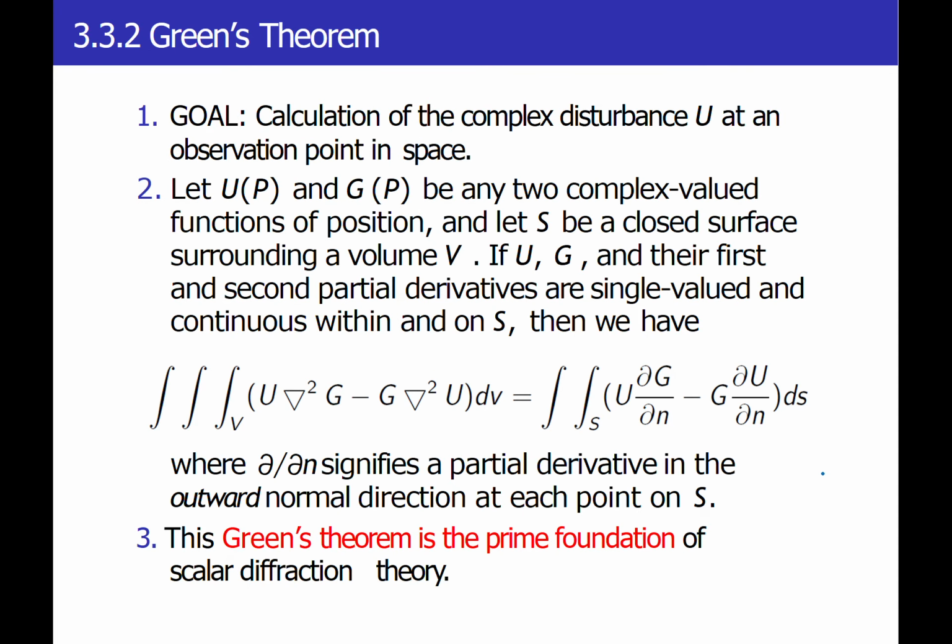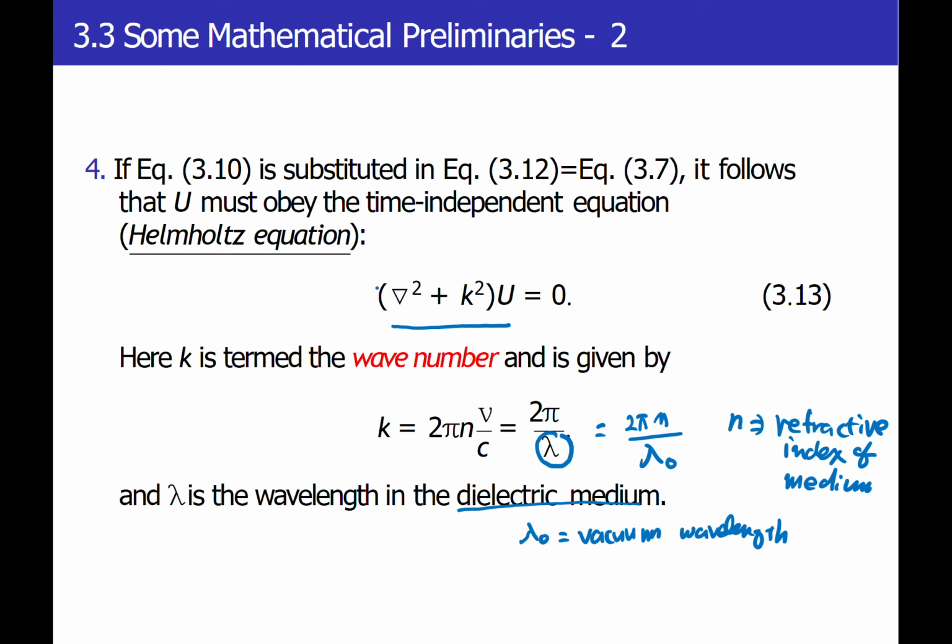So we end up with these Helmholtz equations. We have Maxwell's equations for E and H, and then we end up with the wave equations for small u.